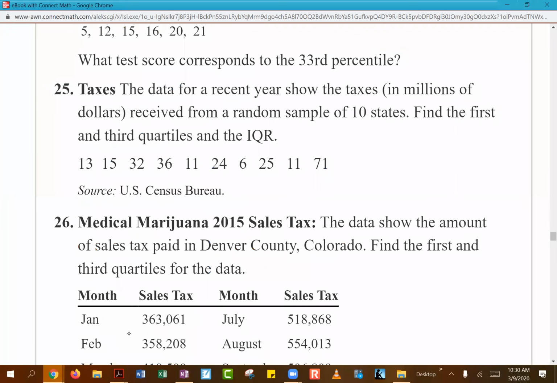So smallest data value, largest data value. And the largest? 71. 71, very good.